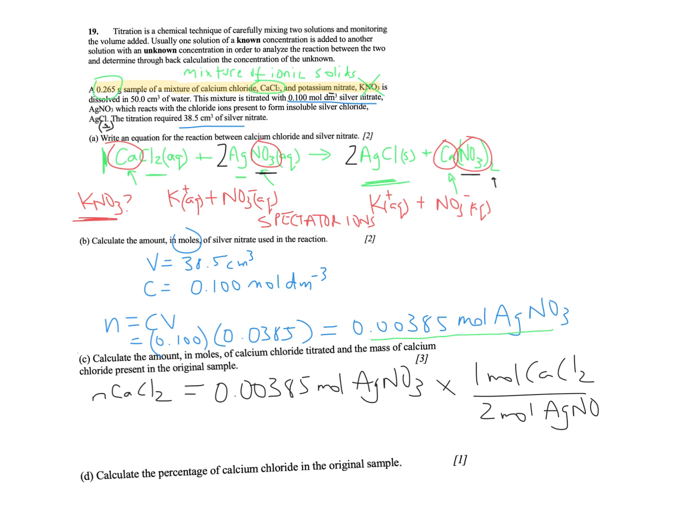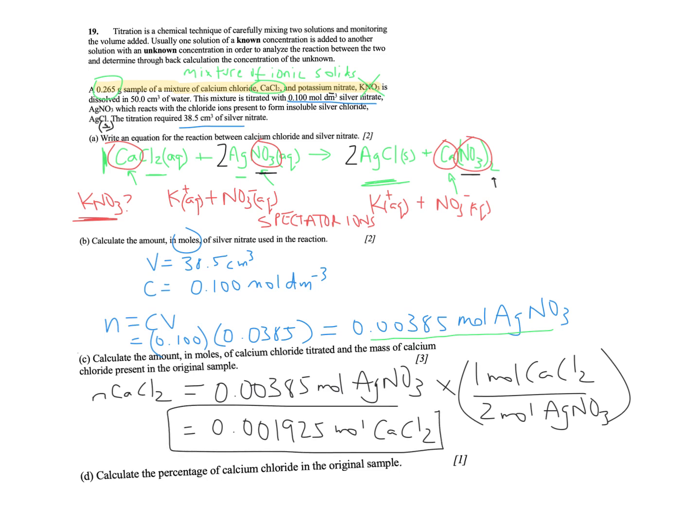So we're multiplying it by a half. There we go. So half of 0.00385 is 0.001925 moles of calcium chloride.